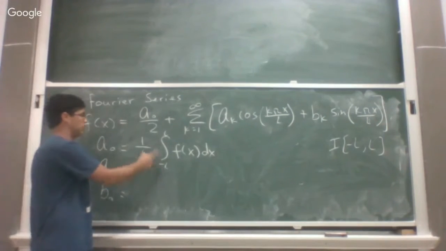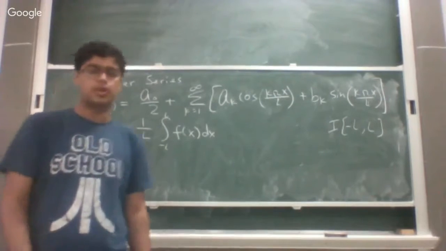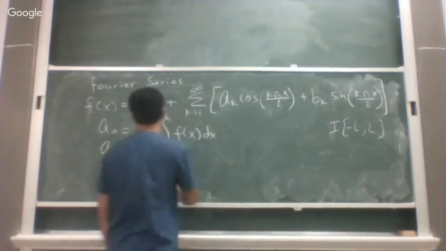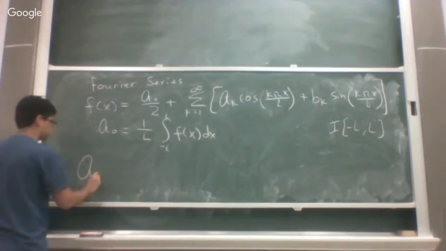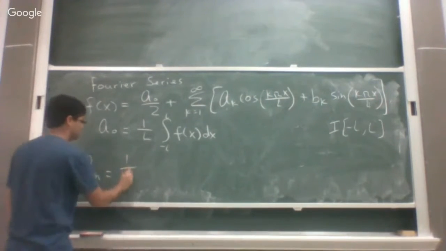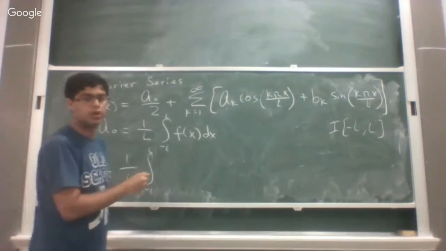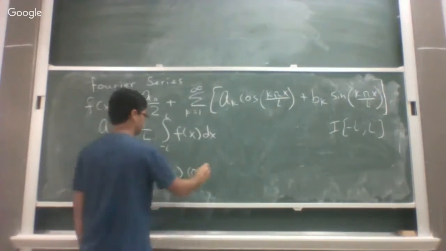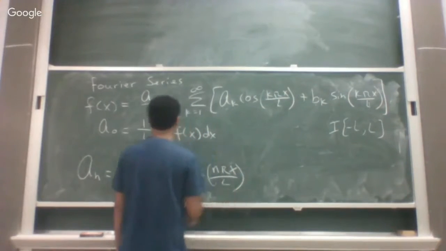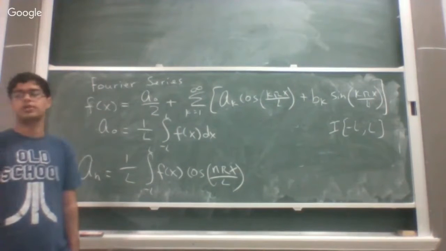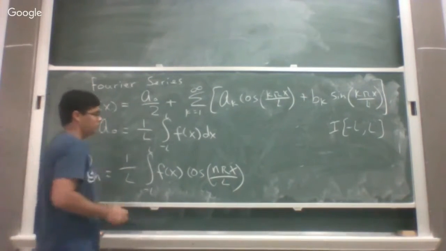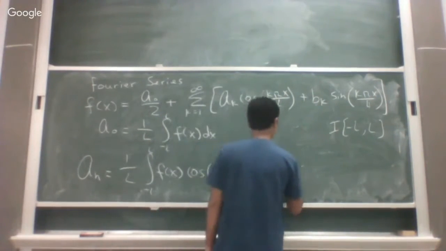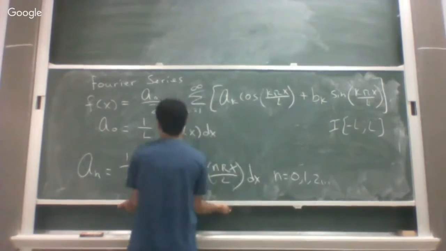Generally, you can do 2 and 0 to L. A sub n is 1 over L going from negative L to L of f of x times cosine of n pi x over L. This f of x comes from the periodic equations that you write, like with each interval, so not this final answer. dx with n's from 0, 1, and on. So that's your a sub n.